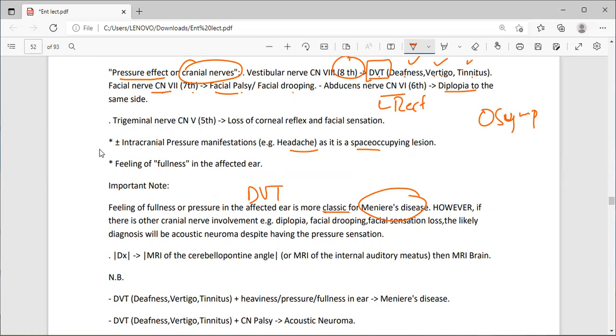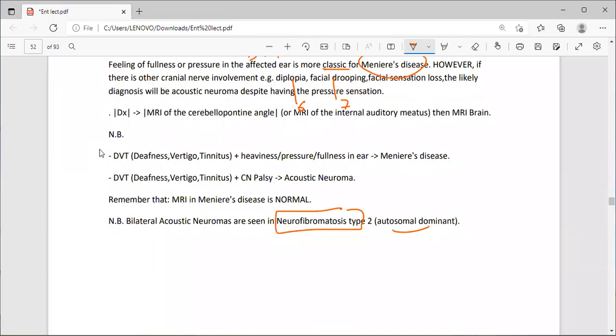However, if there is another cranial nerve involvement like diplopia, sixth nerve or seventh nerve, or facial sensation loss, the diagnosis will be acoustic neuroma despite having pressure sensation. Now, how will it be diagnosed? Diagnosis will be on MRI of the cerebellopontine angle or MRI of the internal auditory meatus. So everywhere you see, the investigation will be MRI, nothing else.